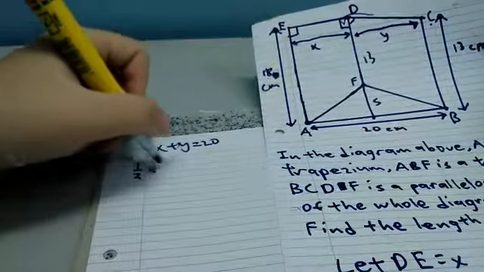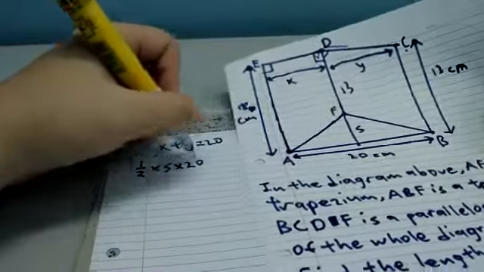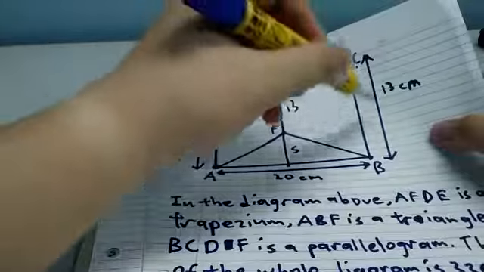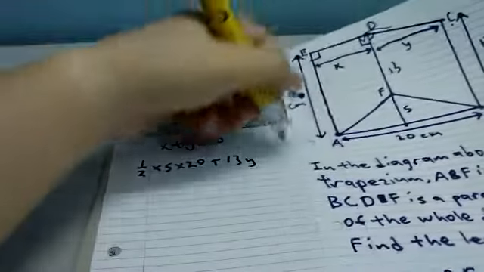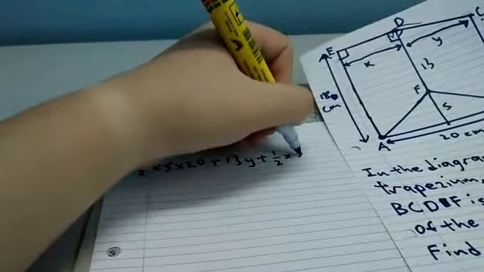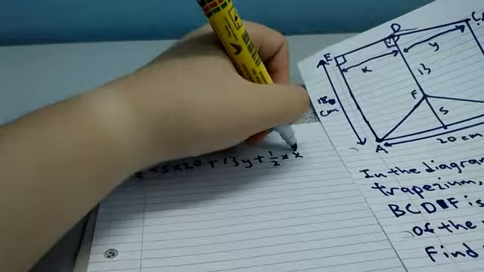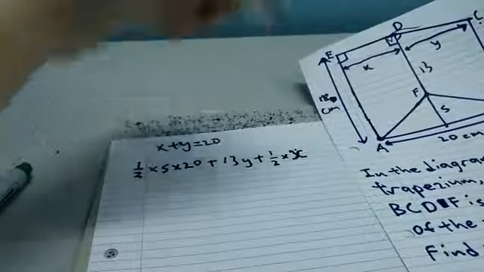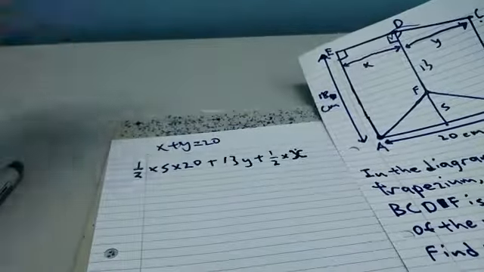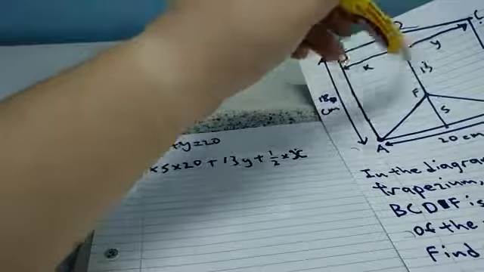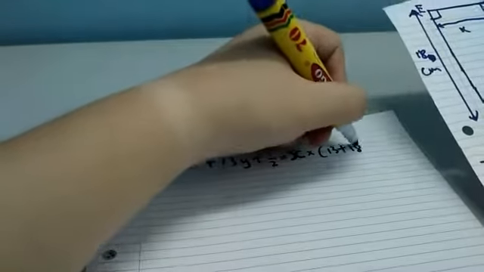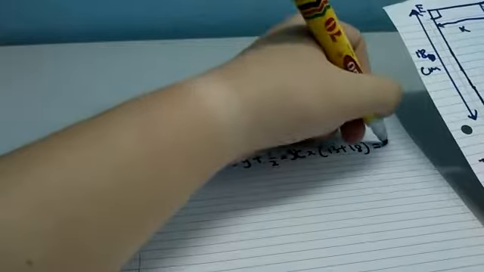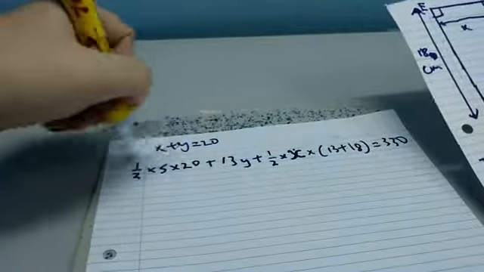So 1 over 2 times 5 times 20, plus the area of the parallelogram 13y, plus the area of the trapezium, 1 over 2 times X. This is X, this is multiplied, I write it like this just to help you differentiate where is times and where is X. And the sum of the lengths here, so I have to multiply 13 plus 18, and this whole diagram, the area is 330 centimeters square, and I have to solve this.